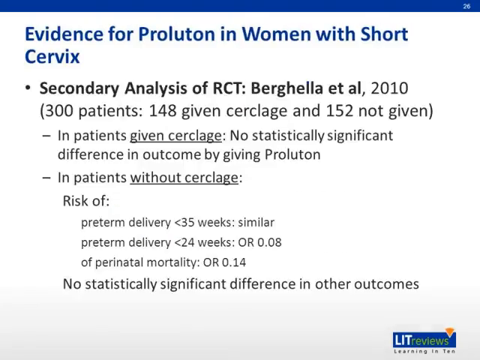A secondary analysis of a randomized controlled trial by Bergela et al. in 2010 showed that in patients who have been given cerclage, there is no statistically significant difference in outcome in patients given Proluton. In patients without cerclage, Proluton decreased risk of preterm delivery before 24 weeks and reduced perinatal mortality, but showed no difference in other outcomes, including preterm delivery before 35 weeks.